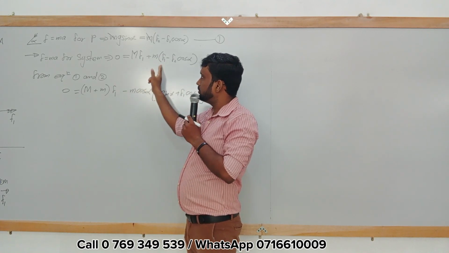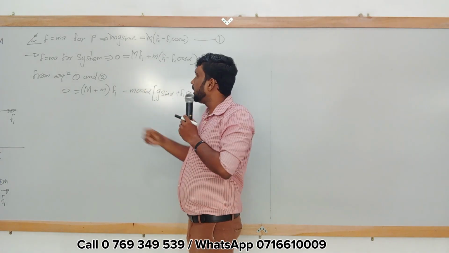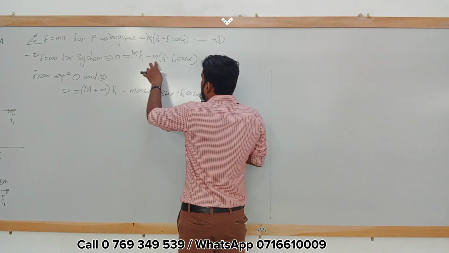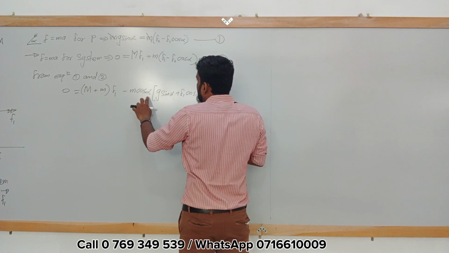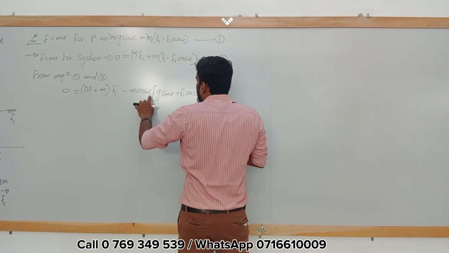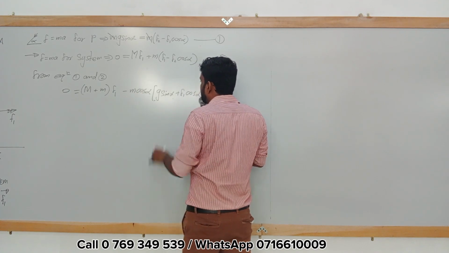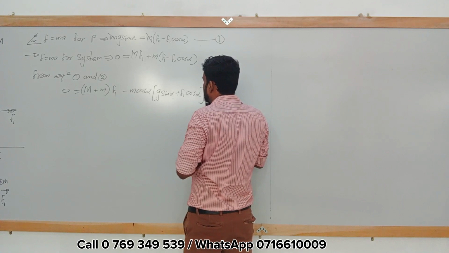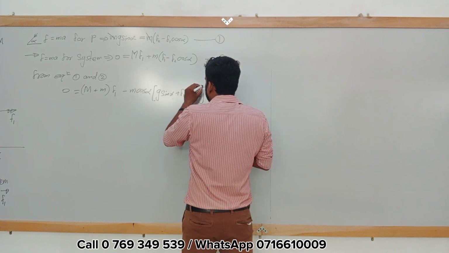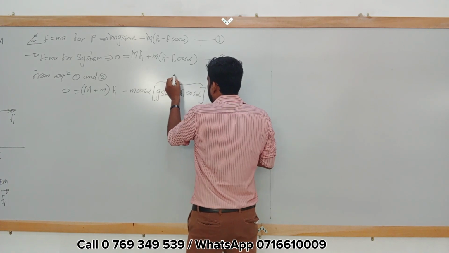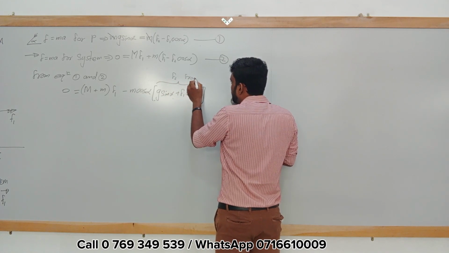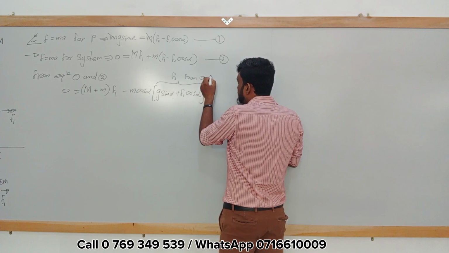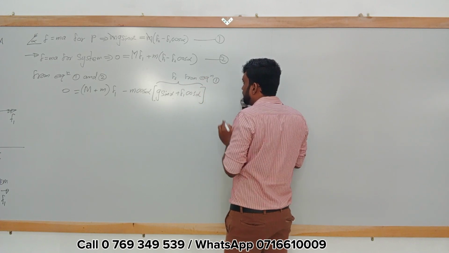This comes from m F2 cos alpha, and this is the F2 from equation 1.